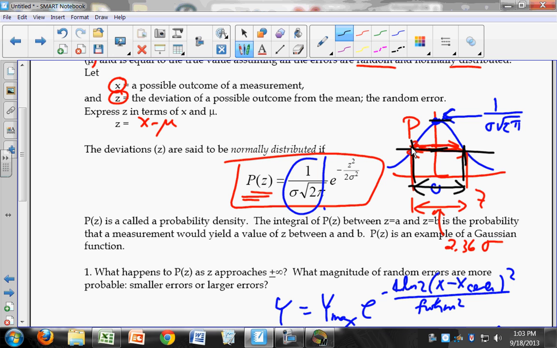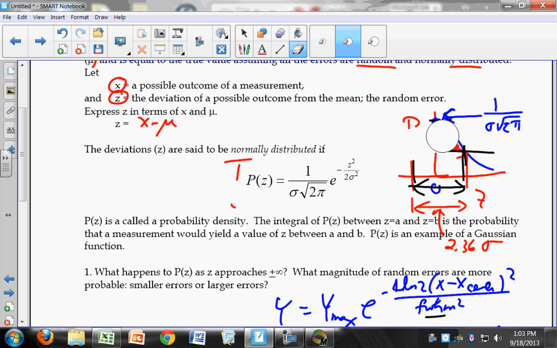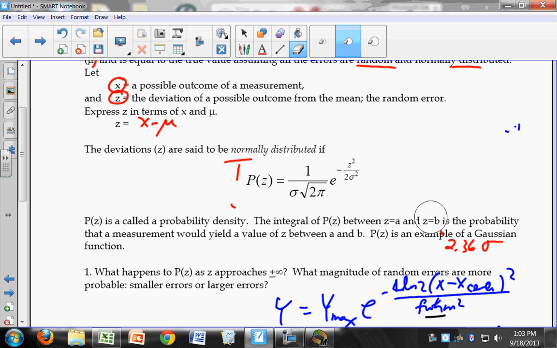That's what FWHM means, right? And that's going to be equal to 2.36 times sigma. So you divide that by 2.36, that would tell you what sigma is. All right. So anyway, this is your Gaussian function, your normal distribution function.